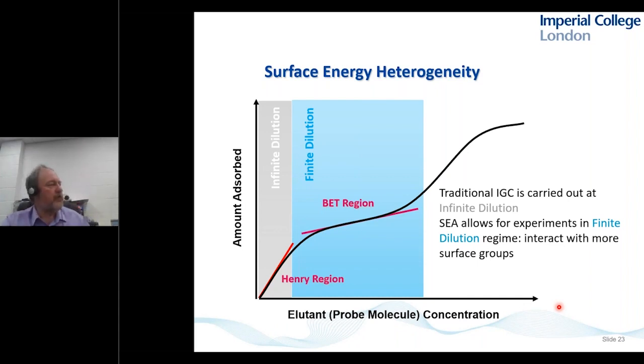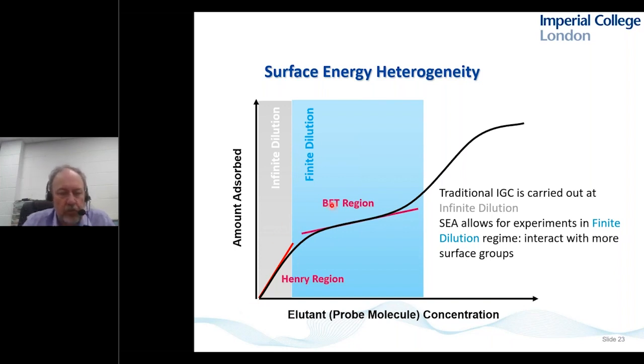What I've just put in front of you here is a model isotherm. On the x-axis we have the concentration of the molecules that we're going to use to interrogate the surface, and on the y-axis the amount adsorbed. Traditional IGC is carried out at very low concentrations down here, but it turns out if we want to probe the heterogeneity, we need to go to higher surface coverages.